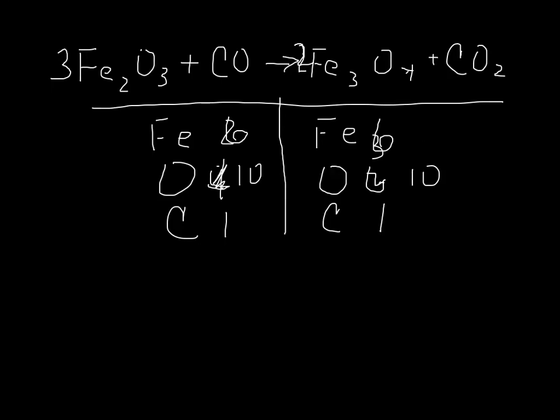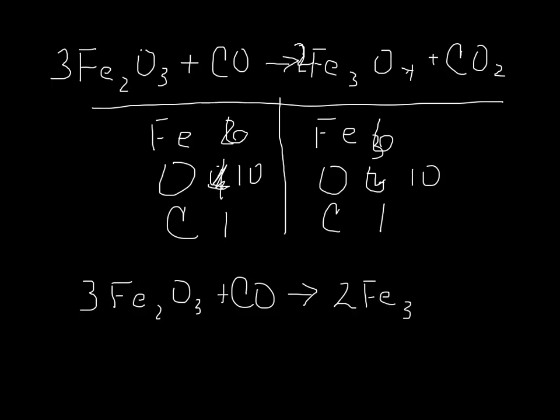Let me write it out again here for you where you can see it a little better. We have 3Fe2O3 plus CO produces 2Fe3O4.